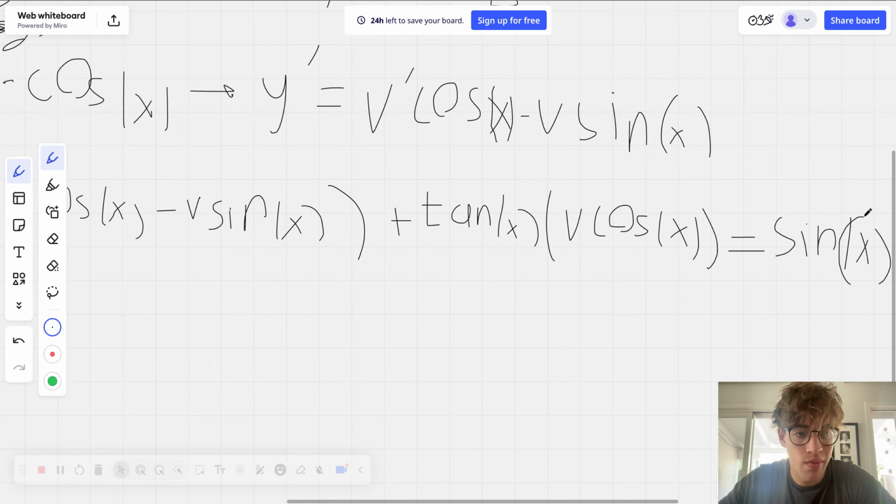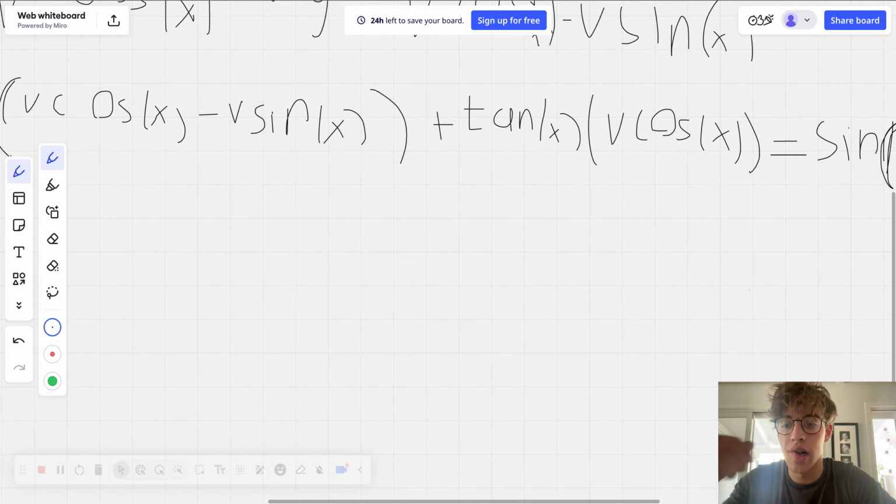And now we solve this for v, which first means we have to solve for v prime.